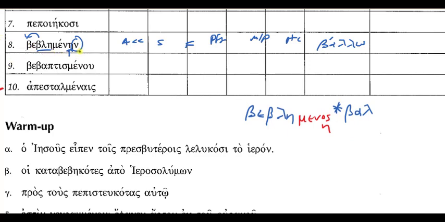Bebleme, mene. All right. So there you go. How might we translate this? You could say something like, if it's truly passive in meaning, having been thrown or cast. Okay? But whatever it's describing is feminine and singular. All right. Other questions?